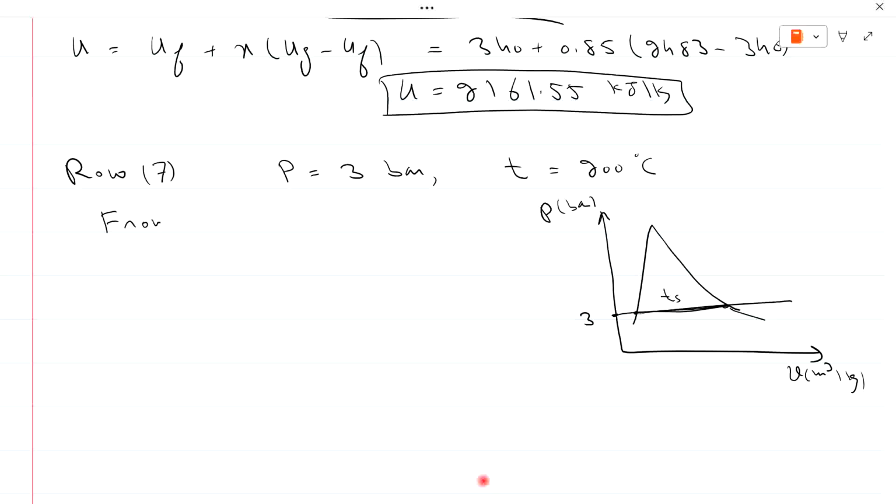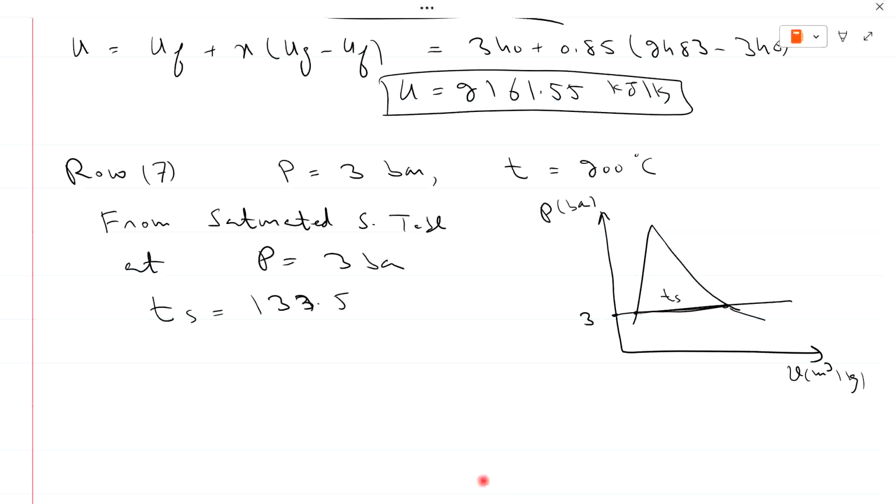So from saturated steam table, at pressure equal to 3 bar, saturation temperature is equal to 133.5 degrees centigrade. It means that this temperature is 133.5 degrees centigrade, but the temperature given to us is 200, more than 133.5, so in this region it means that the properties are in superheated region.